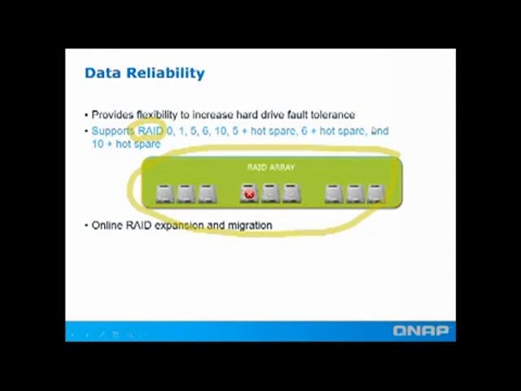We can have different types of RAID that can tolerate different failure levels. For example, right now, I have one drive failure, and the system is still running. And I can have up to 2 drive failures. This is the benefit of using a RAID system. It not only gives you big storage and faster read and write speed, but also the peace of mind of data protection.